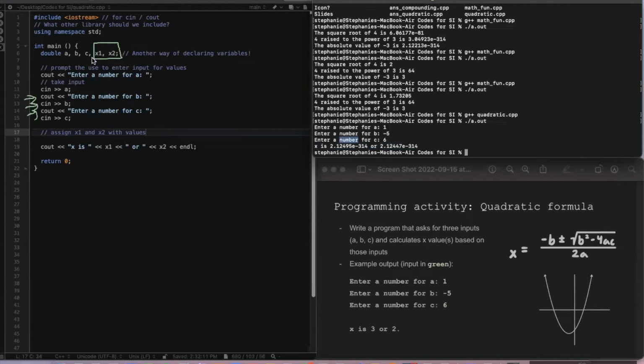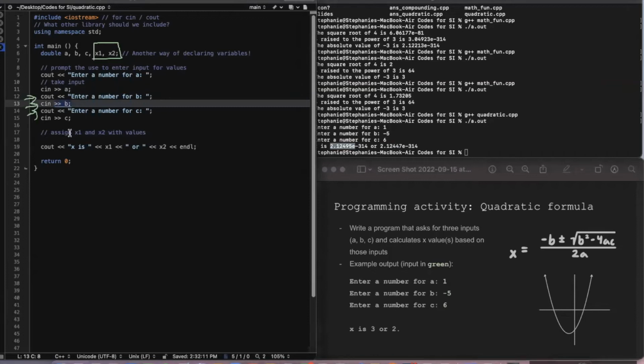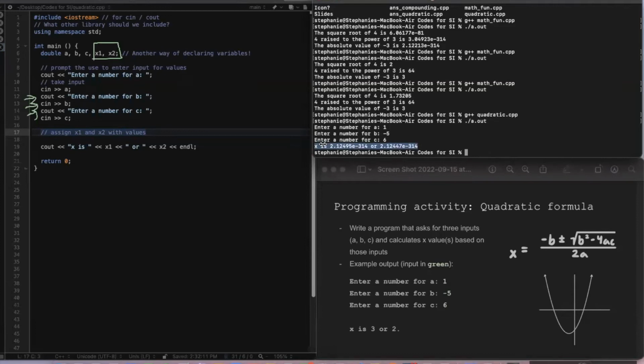There's no such thing as an empty variable. So you create them, your compiler is going to randomly choose something to put in here. And mine just happened to choose this and this, which is why we usually have to assign our variables a value upon declaring them, or later in our program, we can take input for them or assign x1 and x2 with values, which I have as a note right here. But that's what happens when you don't do that. So that is where that error is coming from. That's not really an error.